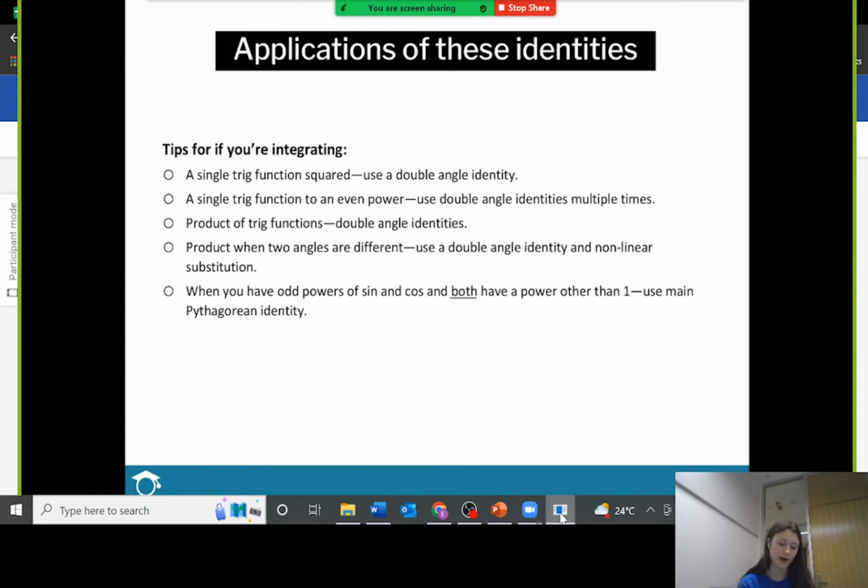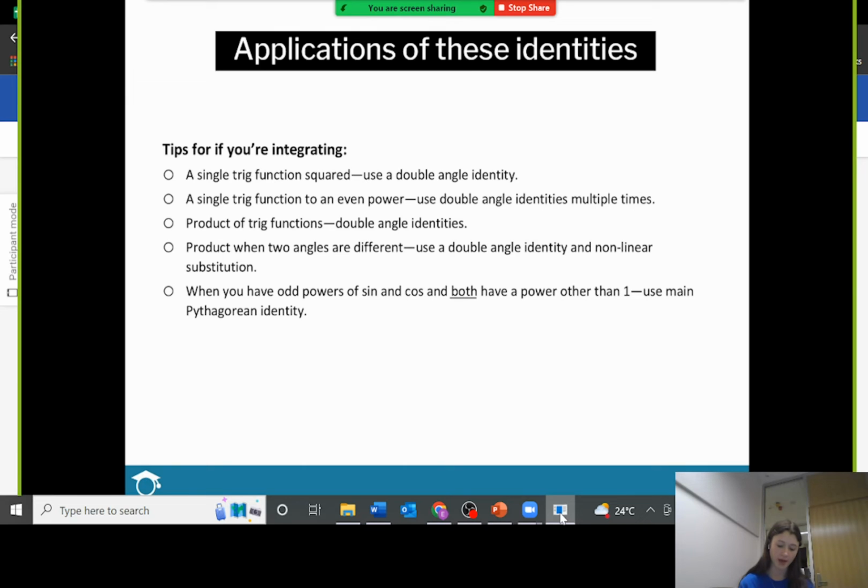The tips were: if you have a single trig function squared, use a double angle identity. If you have a single trig function to an even power, use a double angle identity multiple times, because double angle identities have squared in them, so you can use them multiple times. If you have a product of two different trig functions, double angle identities again.